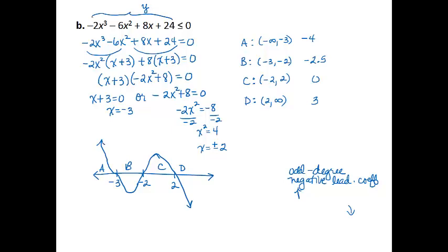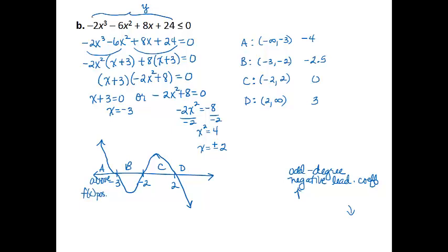My graph is not drawn to scale really, but understand I can get what the basic shape of that function has to look like. So to the left of negative 3, my function is above the x-axis. What do we know above the x-axis? The function values are positive, right? F of x is positive there.